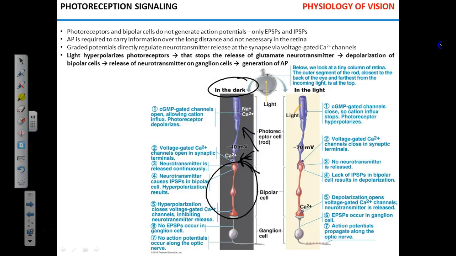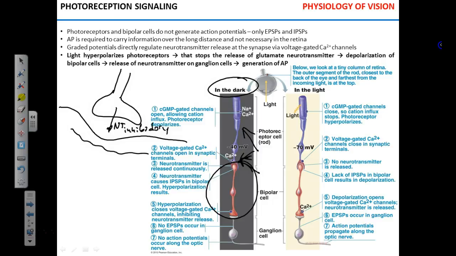Okay, think about this. This is synapse, okay? This is neurotransmitter, and it's inhibitory. It will most likely close sodium channels, open chloride channels. So what's going to happen to this cell right here?